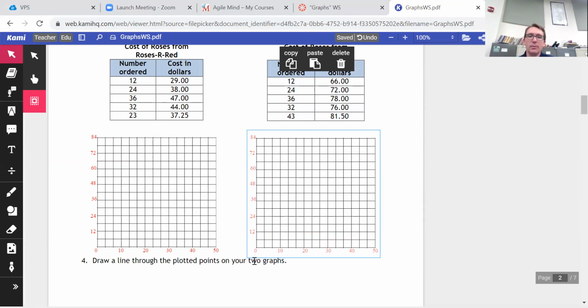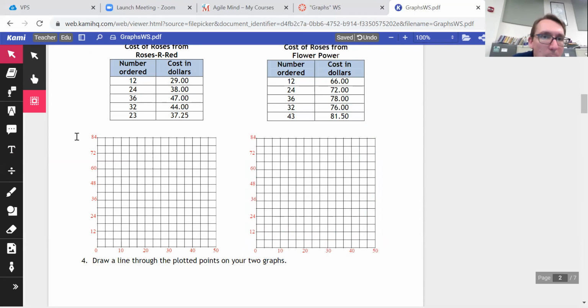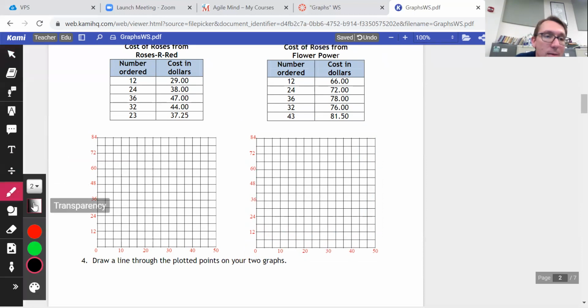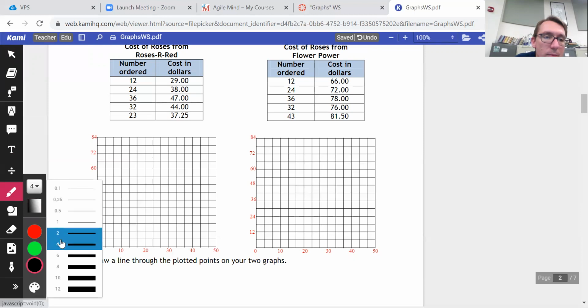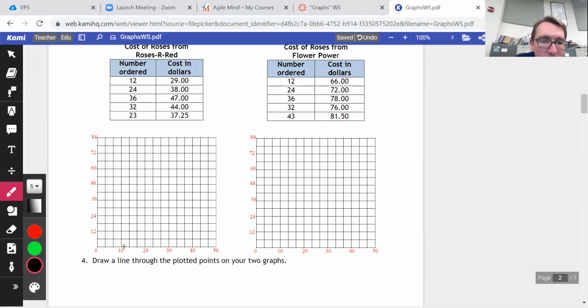Okay, that's good enough. All right, so let's make our points. If I order 12 roses, I pay $29. That's about right. Roses, that's going to be, let's see, this is right there, and 29, around there.